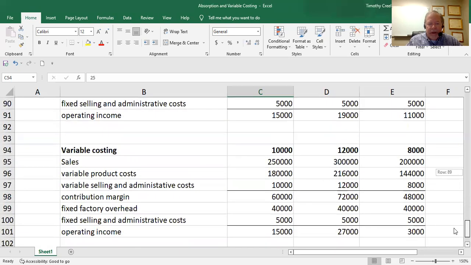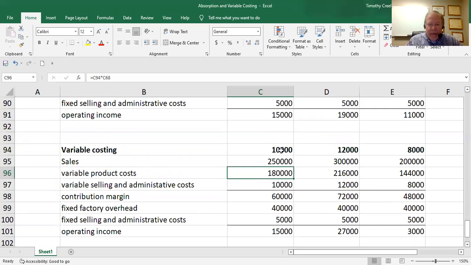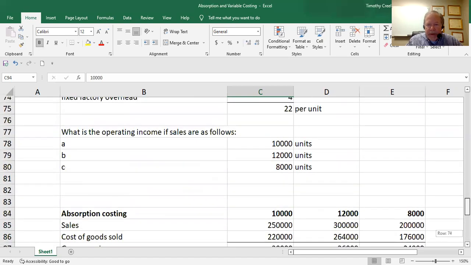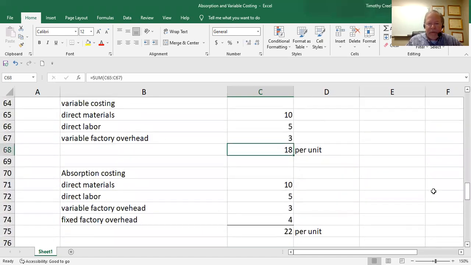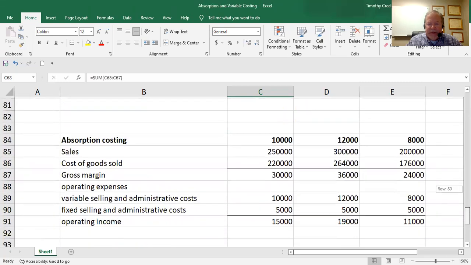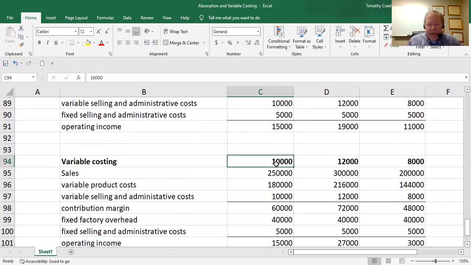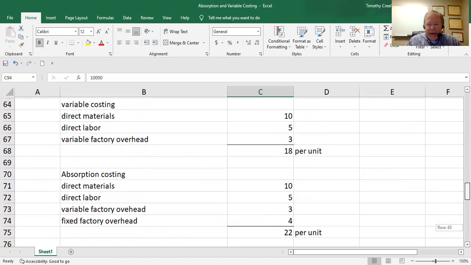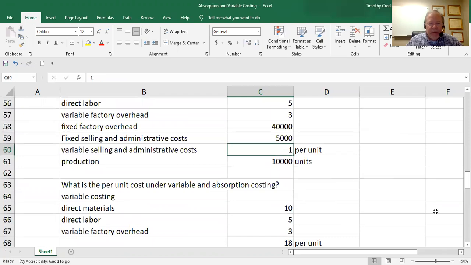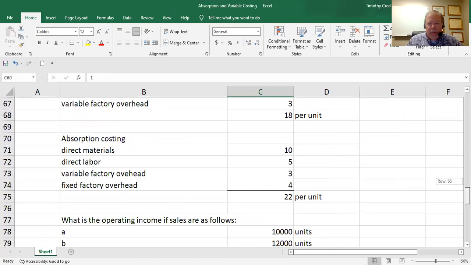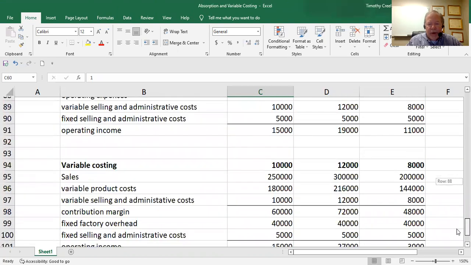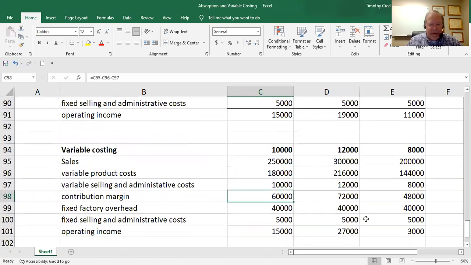Then the variable product cost here would be your number of units sold times your variable cost per unit, which is 18 here, which would give us 180,000. Now, your variable selling and administrative cost here would be, again, the number of units sold times the $1 per unit variable selling and administrative cost, which would give us a contribution margin of 60,000 in this case.